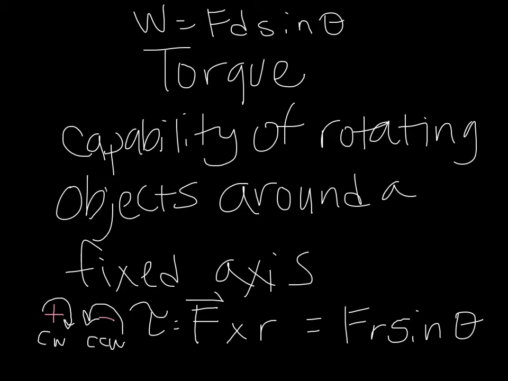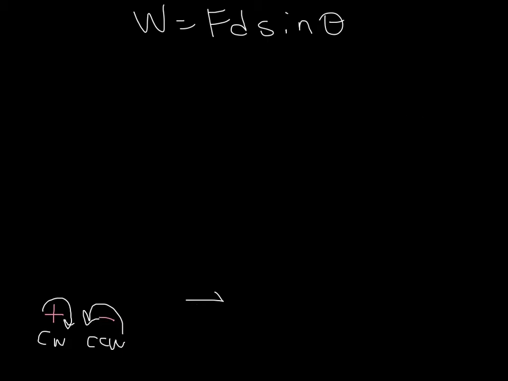So a lot of times when we talk about torque, we use examples like a door swinging open or closed, or a wrench applying a force to a bolt. So if we were to have a door, and here's its hinge, and here's the wall.